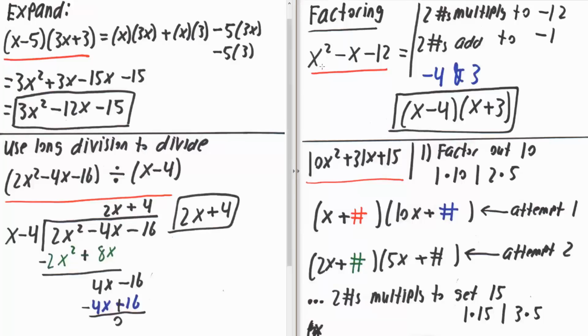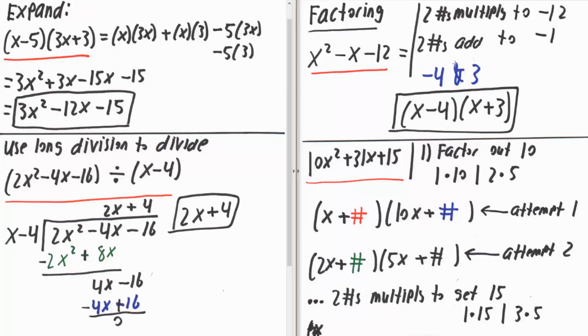And now we want to do a factoring problem. So we want to factor x squared minus x minus 12. In order to factor it, we need to come up with two numbers that, when they multiply with one another, produce negative 12. Also, when we add them together, they would produce negative 1.